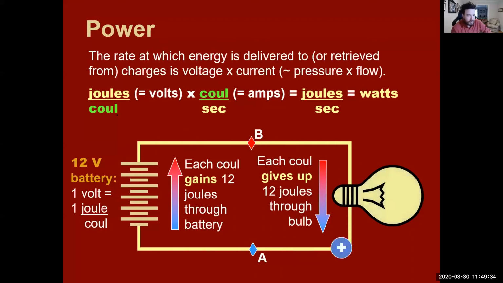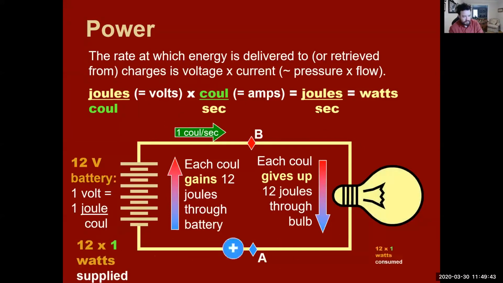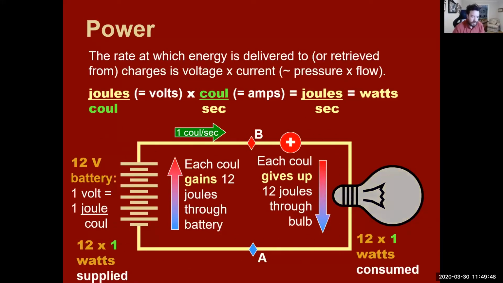Or we have joules per coulomb times coulomb per second is equal to joules per second. All right, so 12 volts times 1 amp, I'm sorry, 1 times 12 is given our watts.